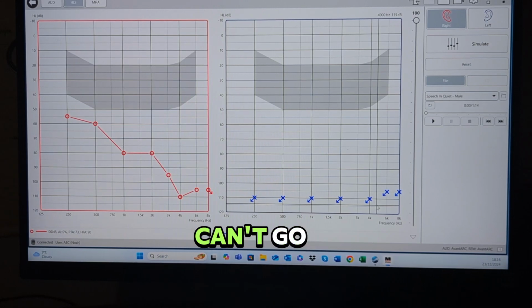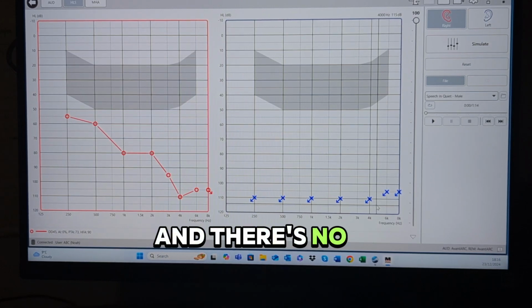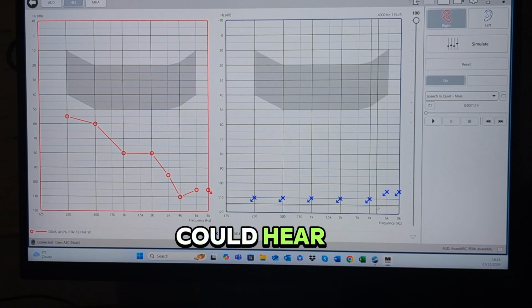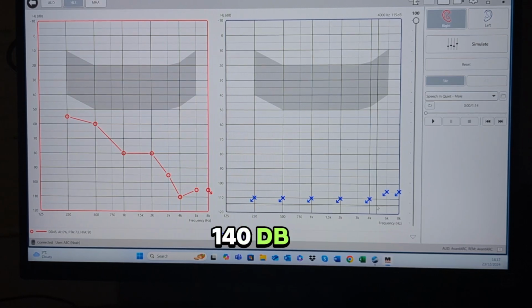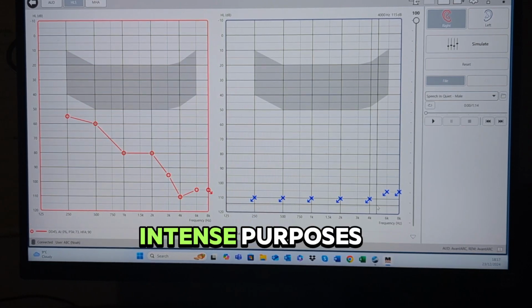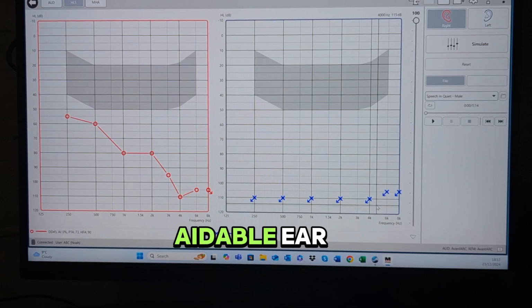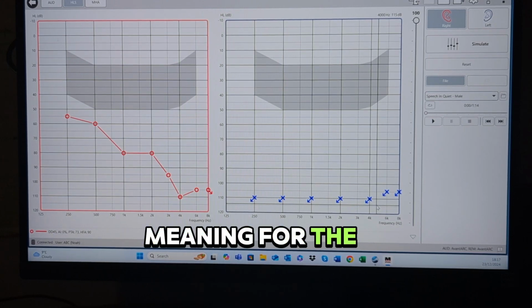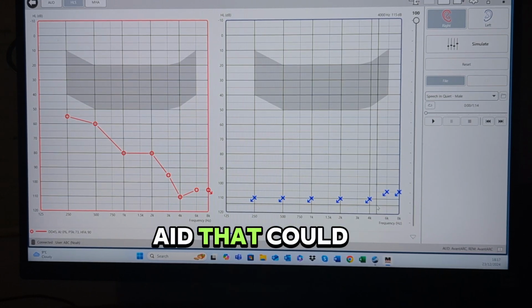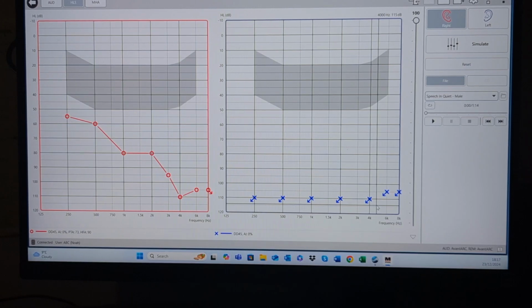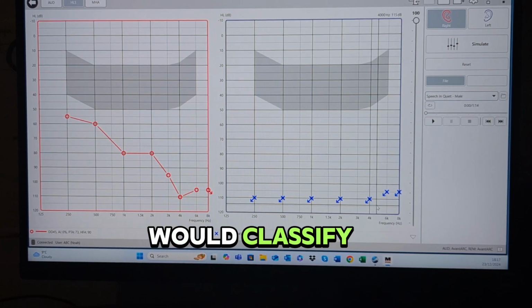The machine can't go any further than that, and there's no way to rule out that a person could hear maybe at 130 decibels, 140 decibels. But for all intents and purposes, this is a non-aidable ear, meaning for conventional hearing aids, there's no hearing aid that could assist this loss, and that's what we would classify that as.